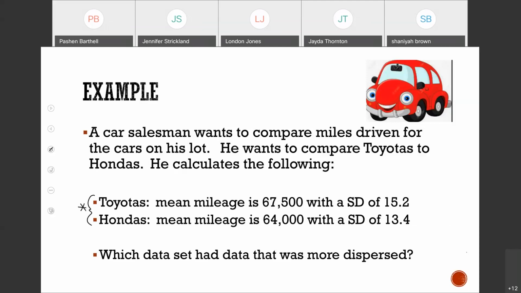So he calculates the average mileage on those cars to be 64,000, calculates standard deviation to be 13.4. All right, and then jot your question down as well. So the question is asking us which data set had data that was more dispersed, which data set was more spread out.